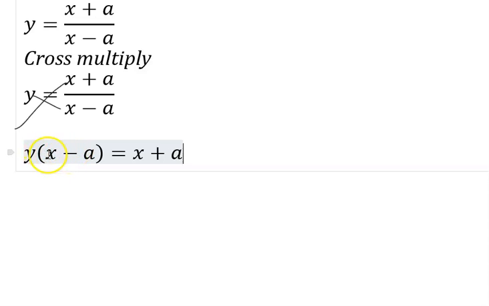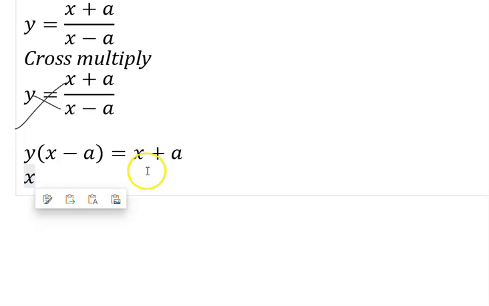We are going to open up these brackets that we have here. So we now say y times x will give us xy. Y times x will give us what? Xy that we have here.